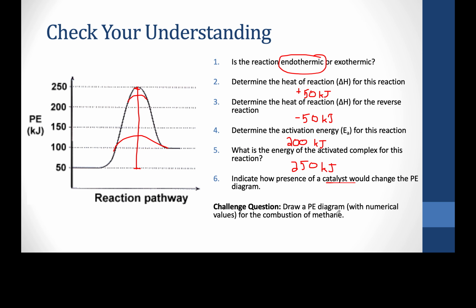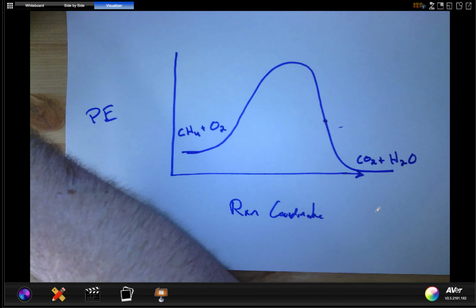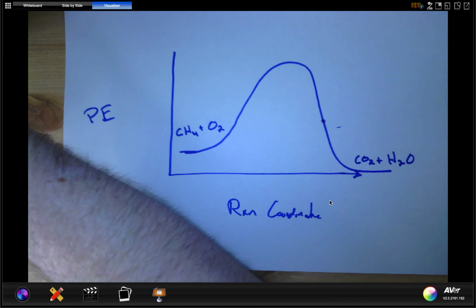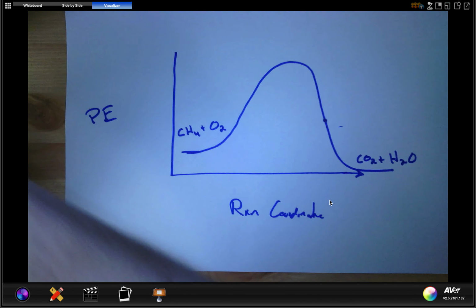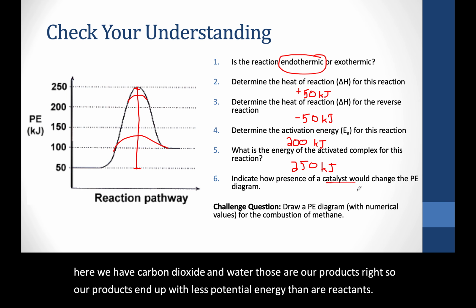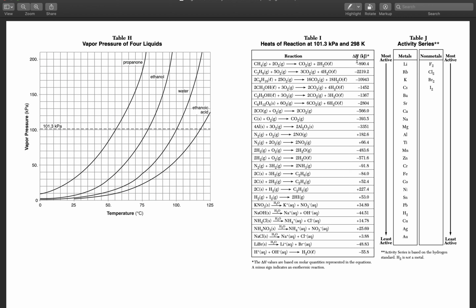Now it does say it wants me to put numerical values in. So I don't know the starting potential energies of each of these, but I do know the difference, because the difference is the delta H. So I know, let me go back to my thing, it's negative 890.4.